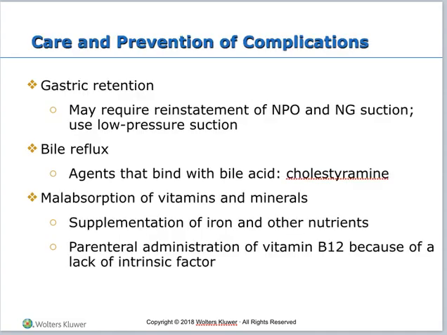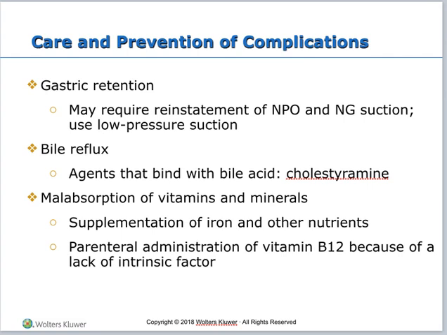So we've got complications. What do we do? What are those specific interventions that we can do? Well, if they're at risk for gastric retention, we may have to put that NG tube back down. If they are doing okay postoperatively and the doctor wants to discontinue the NG, we have to watch for gastric retention.